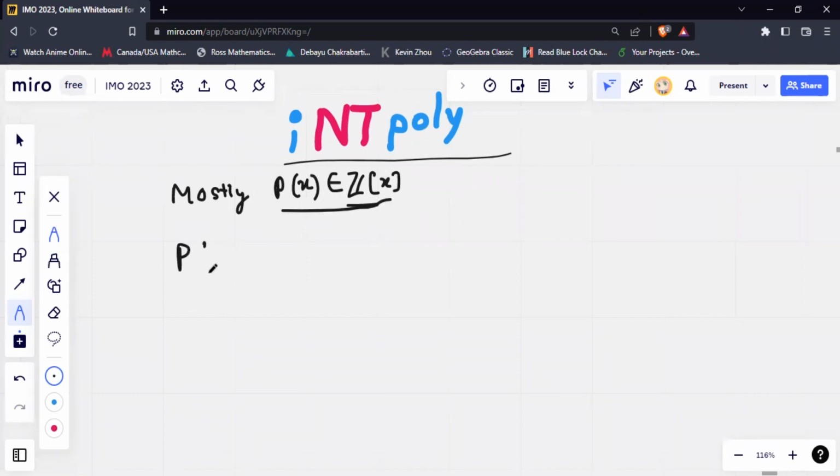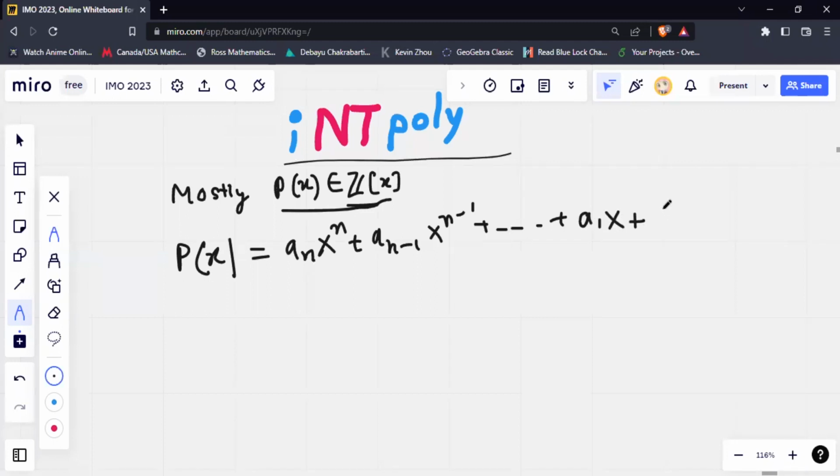Say this is the polynomial. We'll be dealing with polynomials which have these a_i integers.